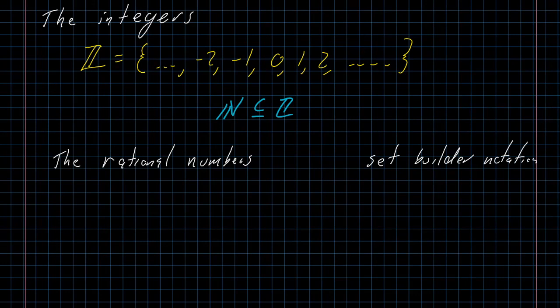Up next is the rational numbers. And the rational numbers are messy enough that we can't really list them out. So instead, I'm going to turn to a different tool known as set builder notation.